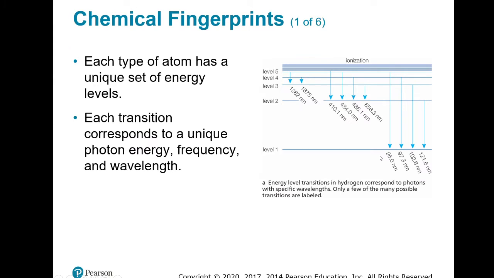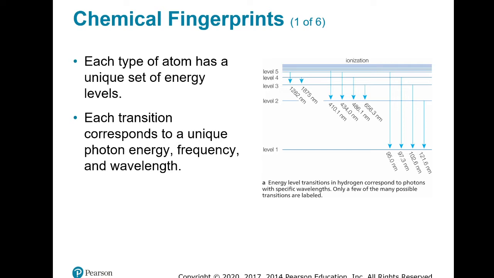The second thing we need to talk about is the quantum nature of energy levels within atoms. Remember, an atom is composed of a nucleus surrounded by an electron cloud.